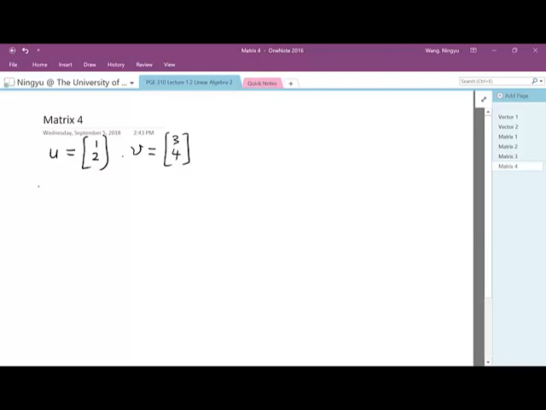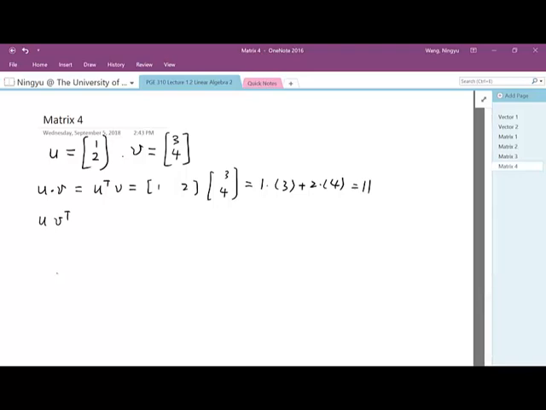So we've learned that the dot product of u and v is u transpose v. With 1, 2 and 3, 4, it is 1 times 3 plus 2 times 4 equals 11. Have you ever considered what u times the transpose of v is?